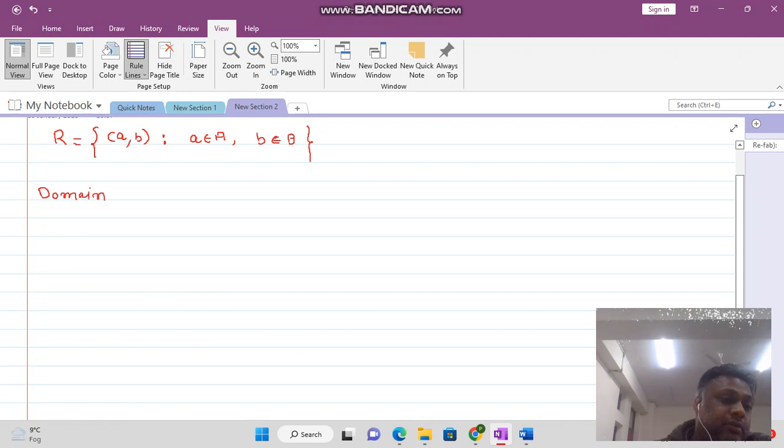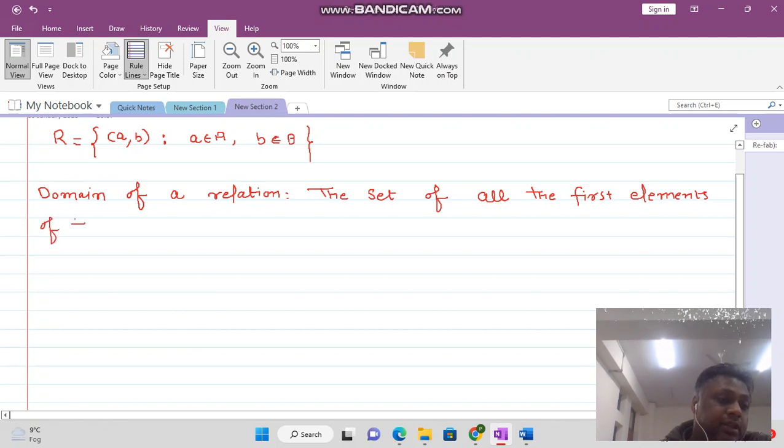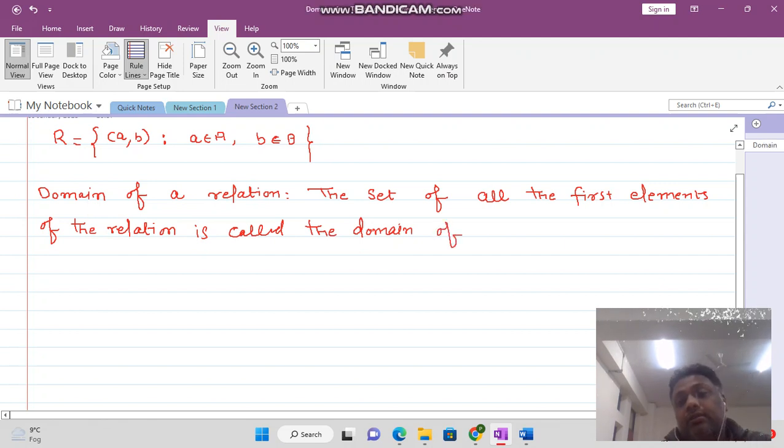Domain of a relation. The set of all the first elements of the relation is called the domain of a relation.